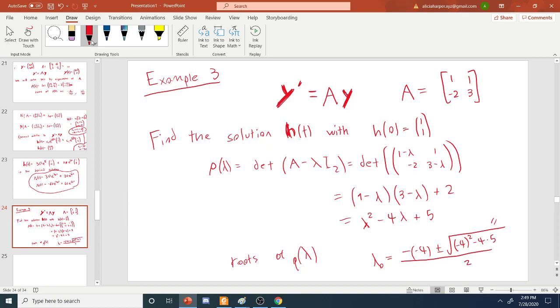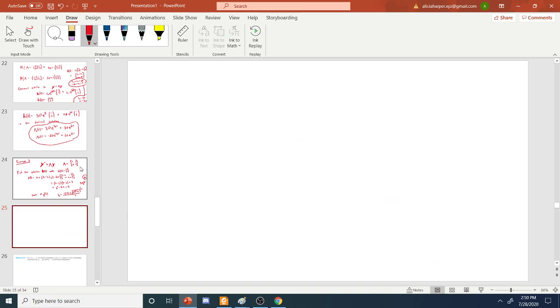And so this will simplify to 4 plus minus 2 times the imaginary number divided by 2, which again simplifies to 2 plus minus the imaginary number. So we have found the roots of p lambda, and we can see that they involve the complex numbers. So let's try to continue the solving process.